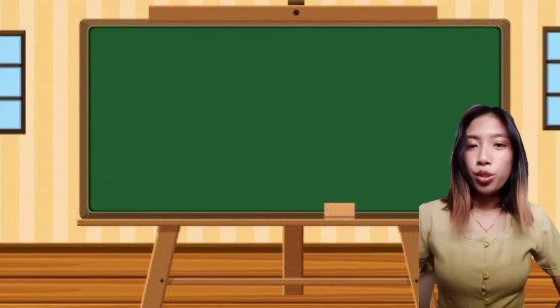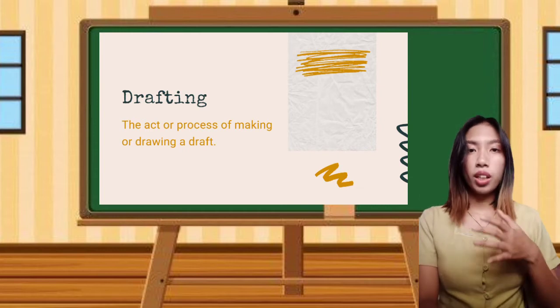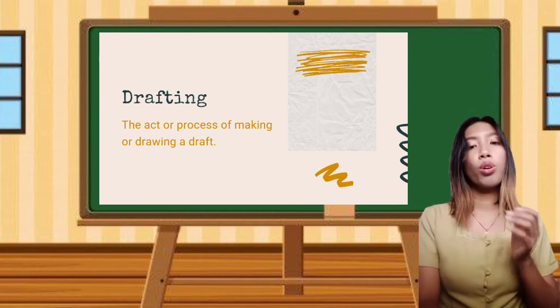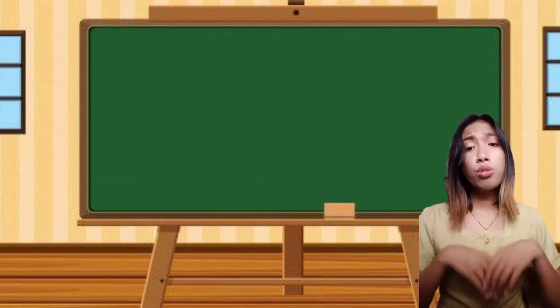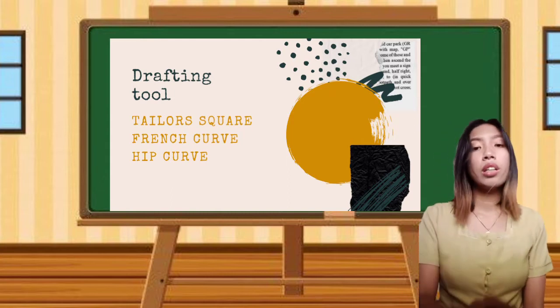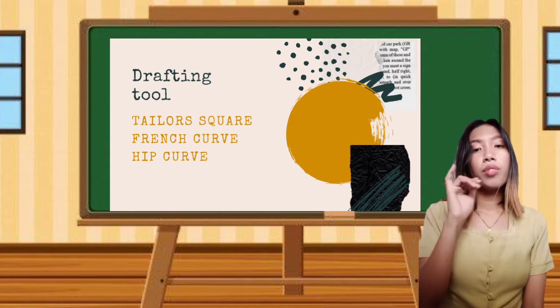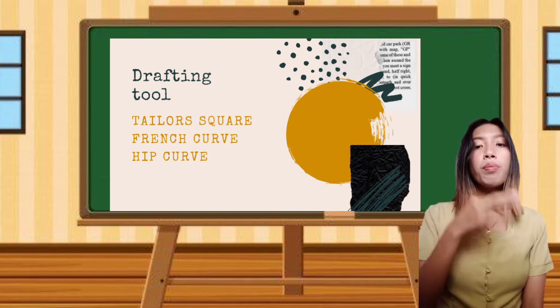After measuring, the next step will be drafting. Drafting is the process of making or drawing a draft. What are the tools used for drafting? Here they are: tailor square, French curve, and hip curve.